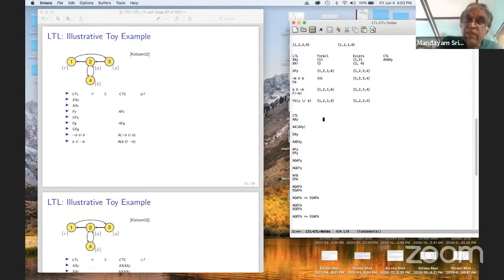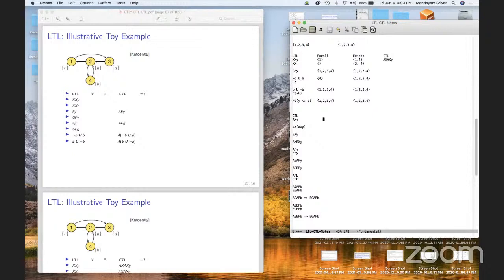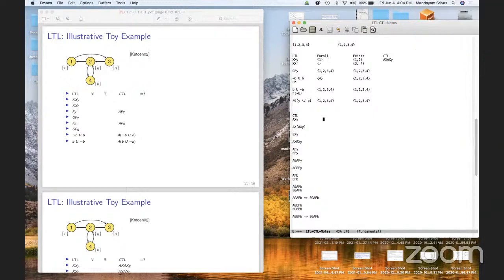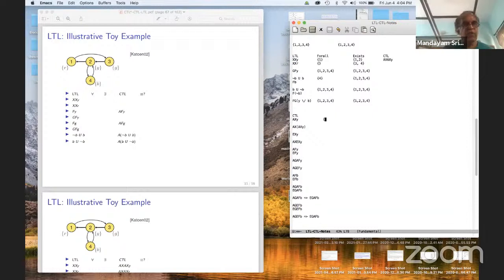Any state that satisfies this formula is one such that every path originating from that state satisfies X of Y. Then state 3 satisfies this, because the next state will be 2, and it will have Y. Anything else? 4. Correct. So this is 3 and 4. Obviously, 1 does not.